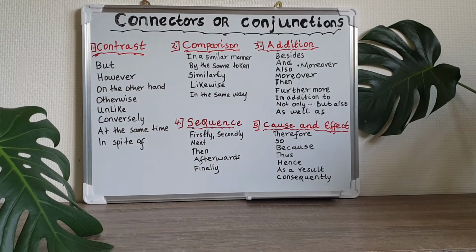Now, let us look further into the various types of connectors. Now that we know what connectors do, they join two or three sentences together or ideas. Okay? We have 5 different types of connectors. 5 different categories or groups of connectors.